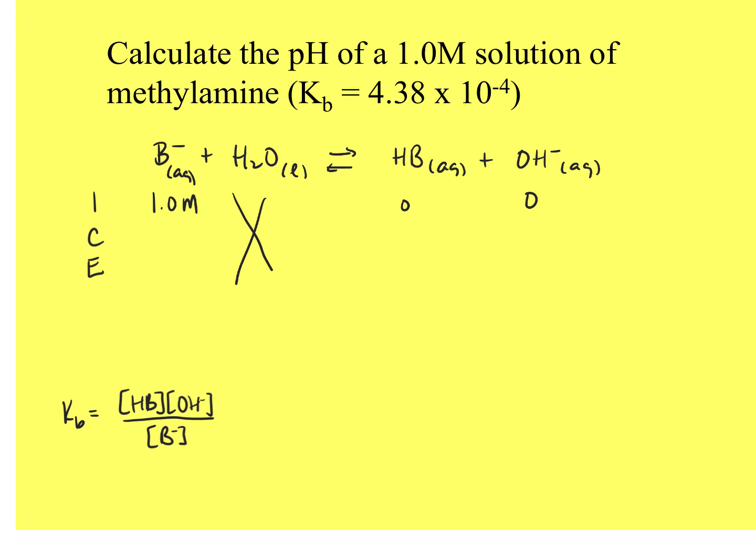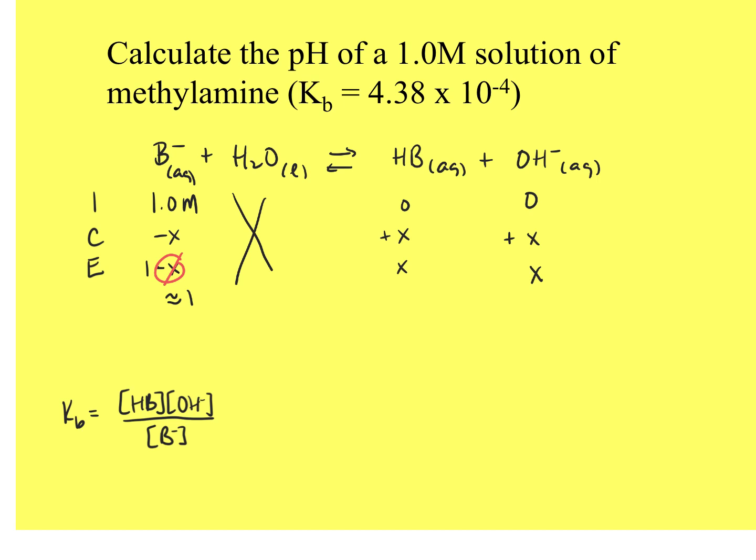We're going to find the pH first by finding the pOH, and in order to find the pOH, you need the OH minus concentration. So we're going to put X for OH minus at equilibrium, and then plus X, minus X. This is 1 minus X, and this is X. We're going to assume, for now, that the fraction ionized is negligible, so that this is approximately equal to 1.